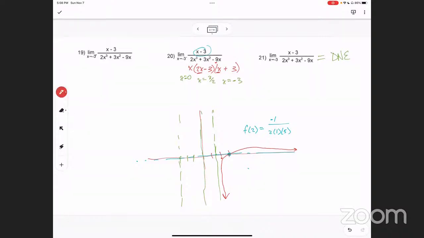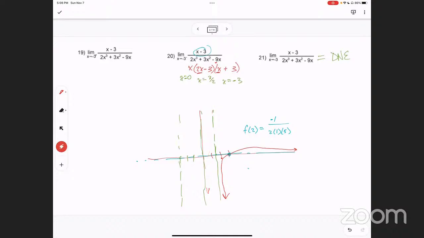All the other details right here. What has to happen on the other side of this vertical asymptote? What has to happen? It has to go up. That's right. And is it going to cross and go down, approach this one down?